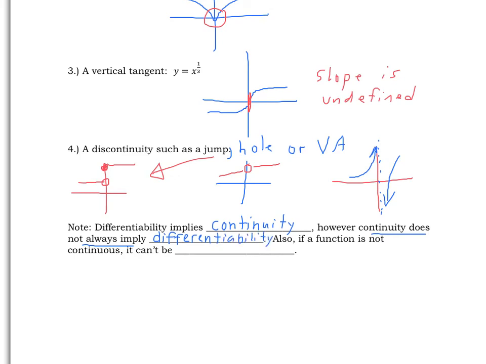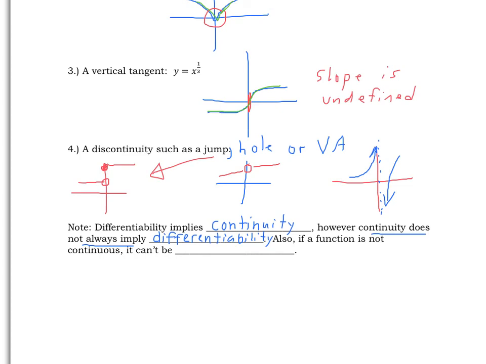Just because a function is continuous doesn't mean it's guaranteed to have a derivative. Just look at our first three examples up above. All of these functions are continuous. You can see up here we have continuous functions. However, there's spots where the derivative does not exist.